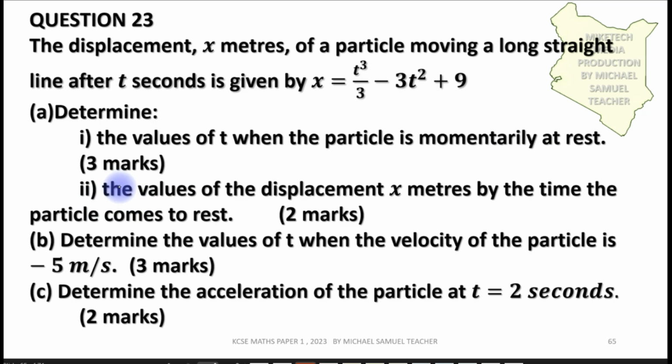Roman 2, the values of the displacement x meters by the time the particle comes to rest. Then part B, determine the values of t when the velocity of the particle is minus 5 meters per second. Then part C, determine the acceleration of the particle at t is equal to 2 seconds.